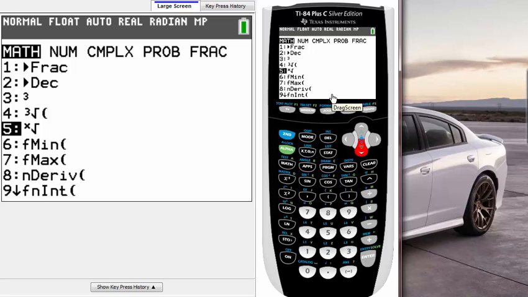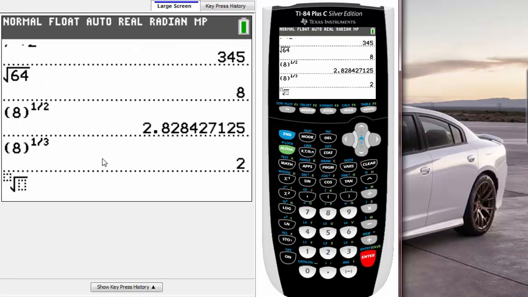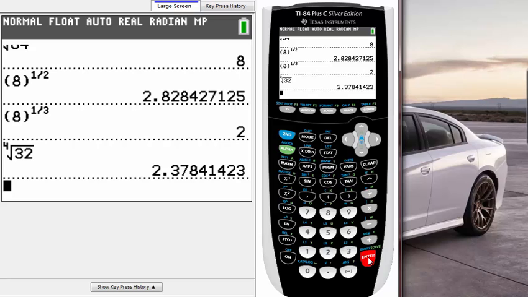So number 5 here, let's highlight that and then hit enter. And notice our cursor is in front of the square root, indicating it's asking you to type in whatever root you want to use. So let's say I wanted to use the 4th root of 32. If I do that, I'm going to get a decimal number because it's not even.